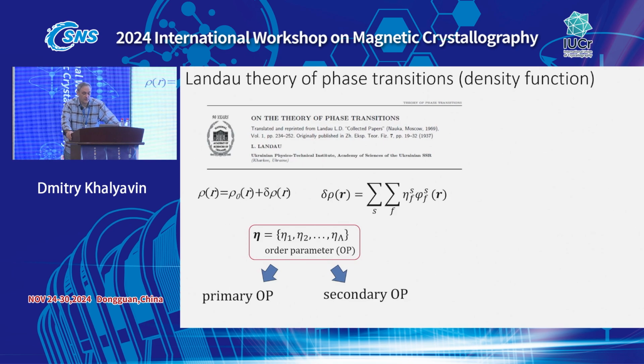And the tool, from the symmetry point of view, as Manuel just mentioned, is that any type of magnetic order is a symmetry breaking process, and a symmetry breaking process is usually described by Landau theory of phase transitions. So I would like to give you a very brief introduction to the Landau theory, but I think we can do it after the break, right?